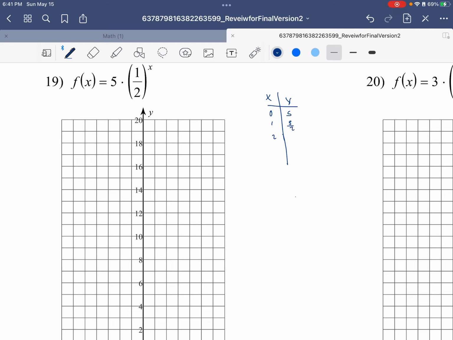And then for 2, when you raise 1/2 to the power of 2, you have 1 over 4. 5 times 1 over 4 is 5 over 4. And when you raise it to the power of 3, 1 over 2 times 1 over 2 times 1 over 2 is 1 over 8. 1 over 8 times 5 is 5 over 8.